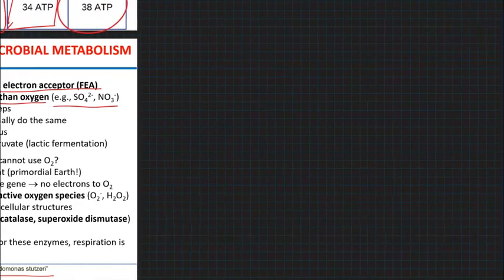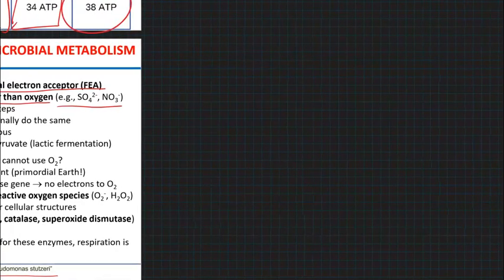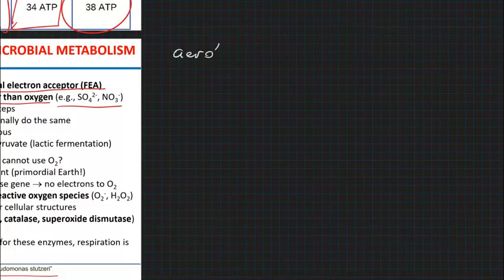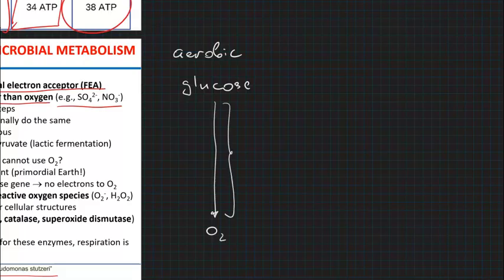If we are looking at the energy difference in the case of aerobic respiration, there is glucose, and it gives its electrons to oxygen. This distance represents the amount of energy, the amount of ATP that can be produced.